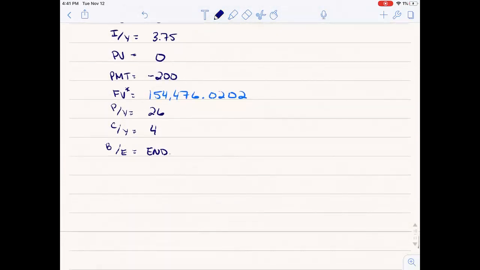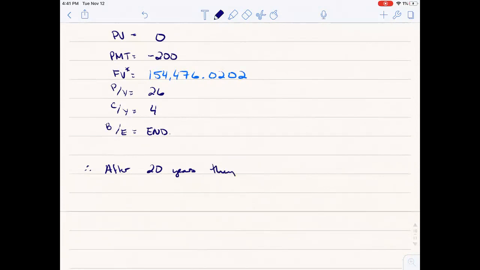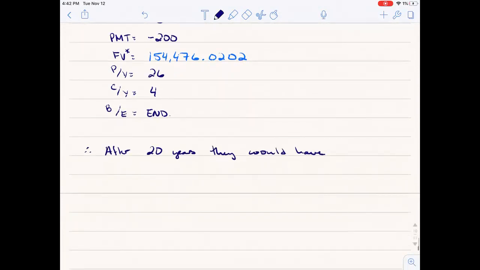So therefore, after 20 years, they would have $154,476.02. How much did they pay to get that?